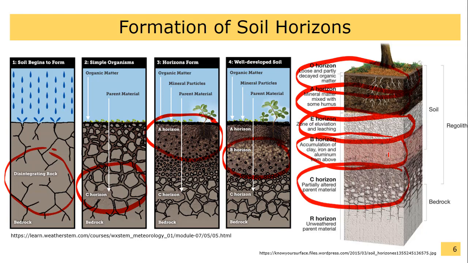C horizon is slightly broken bedrock and also called regolith. Plant roots do not penetrate into this layer. Very little organic matter is found in this layer. R horizon is unweathered parent material.